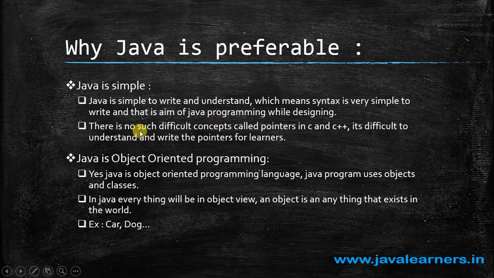There are no such difficult concepts as pointers in C++. In C++ there is a concept called pointers. It's difficult to understand and difficult to implement, and also difficult for beginners to learn. So you can say those things are avoided in Java. Pointers allow breaking the project, allow viruses to be injected, and allow hackers into the project.